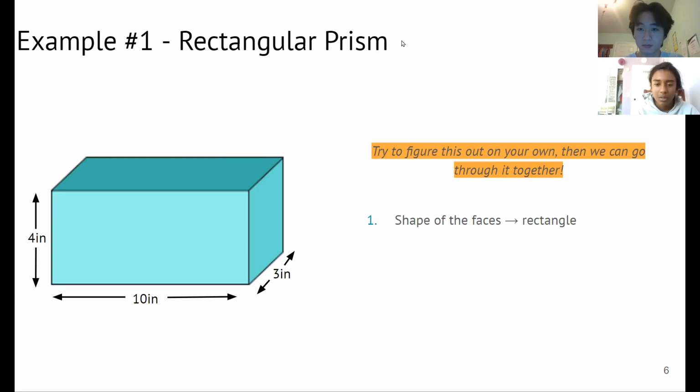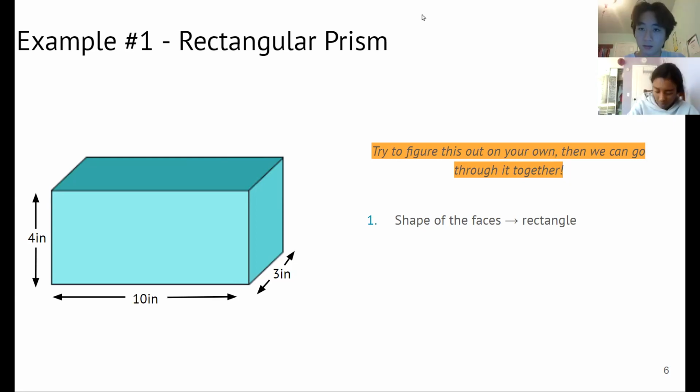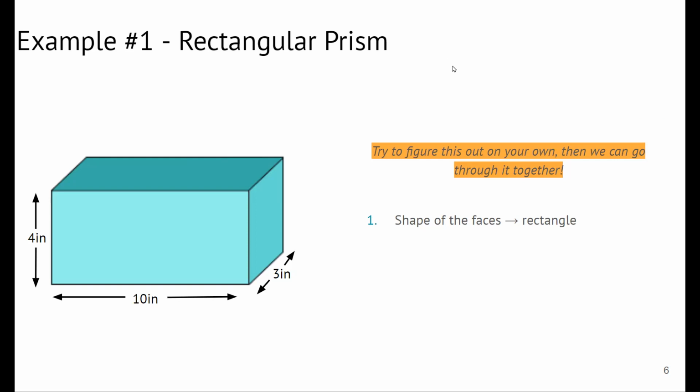So the surface area of this, like you calculated correctly, would be 2 times 12 plus 2 times 40 plus 2 times 30, which is 164 inches squared. And remember, the units for surface area are the same as regular area, which is units squared.